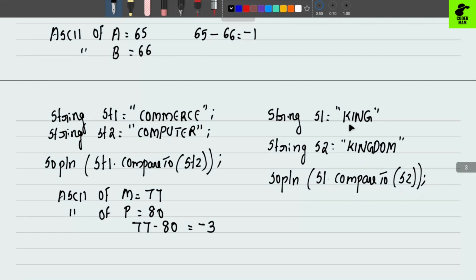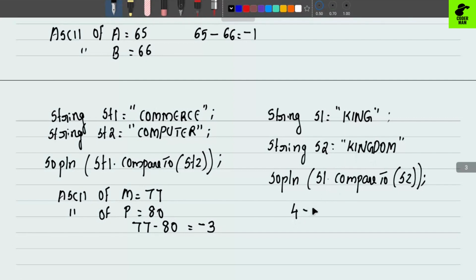Here the number of characters is different for comparison. Four characters are the same in both words, but the second word contains 7 characters, right? So for these cases we have to count the characters. s1, how many characters? 4 characters. s2, 7 characters.